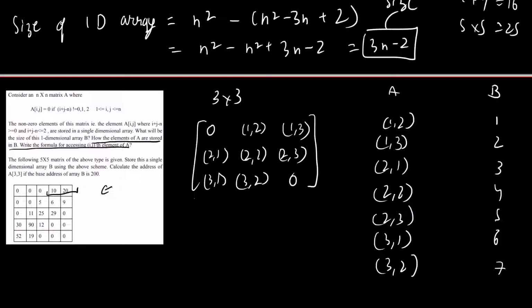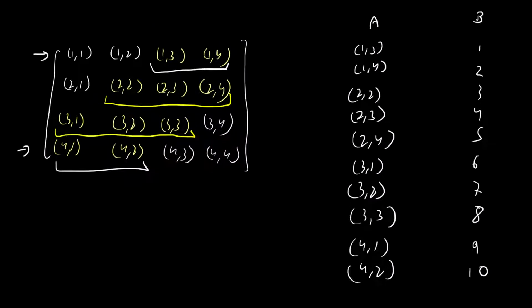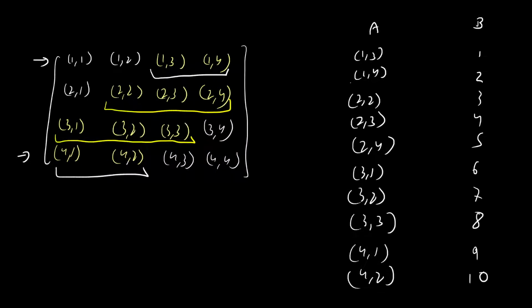So let's see if we can use this observation along with others that we find along the way. So here, the beginning is 1 comma 3. For the first row, we can see that pattern: 1 comma n minus 1 and 1 comma n will always be stored in the first and second positions respectively.